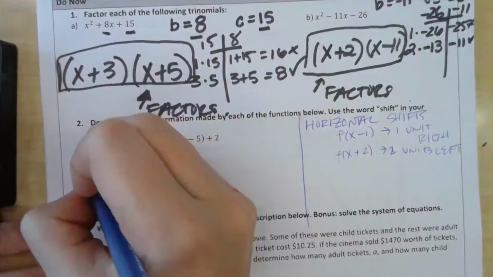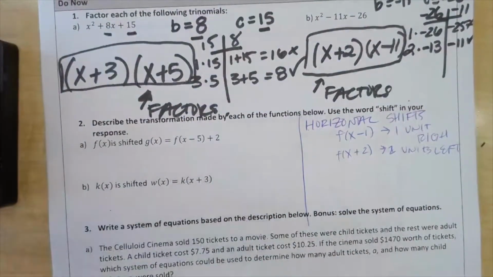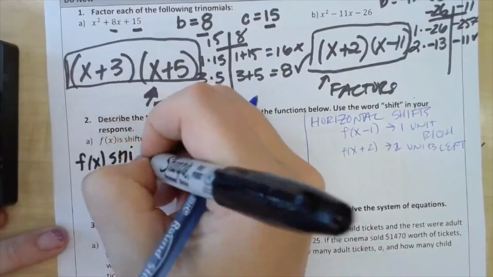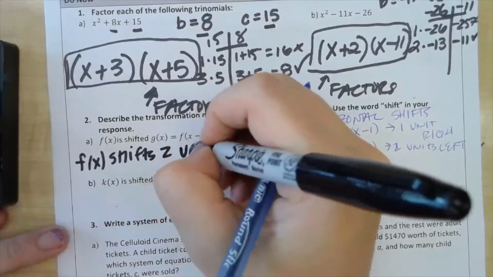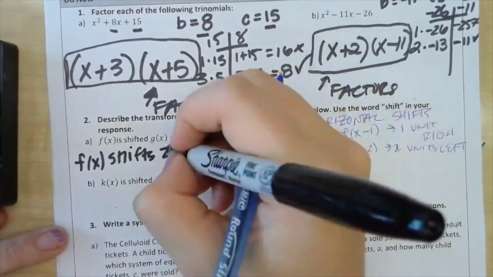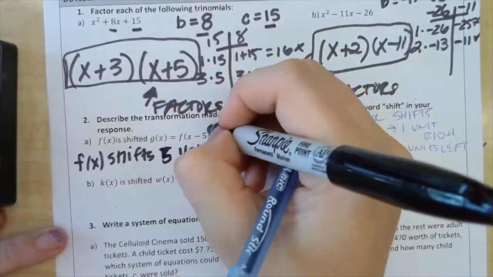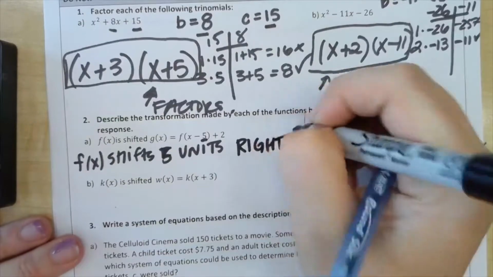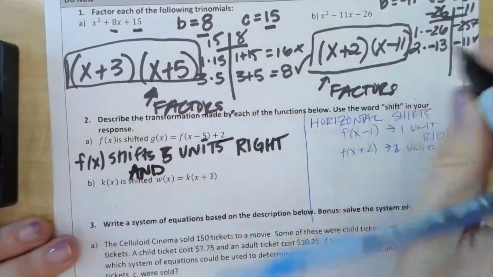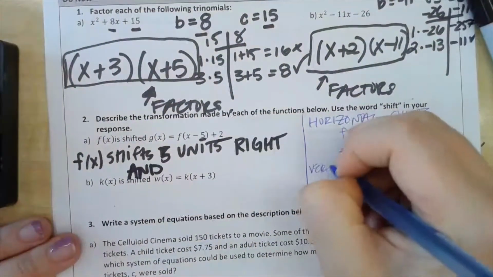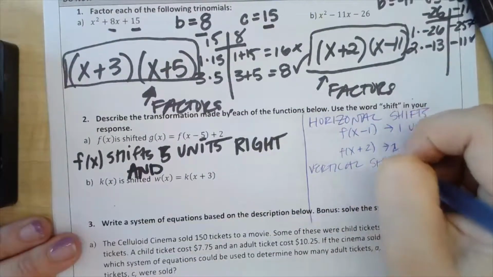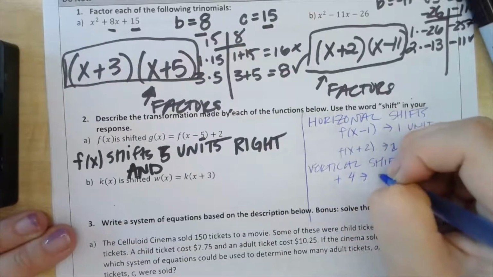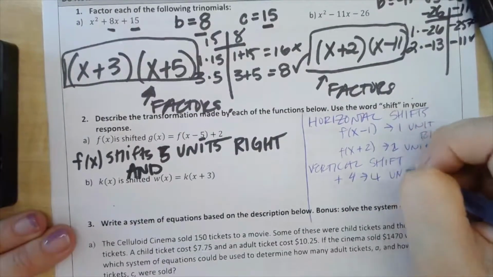So f of x shifts 5 units right, and you have a 2 here, so that's a vertical shift. When it's outside the parentheses, this means that it shifts 2 units up.